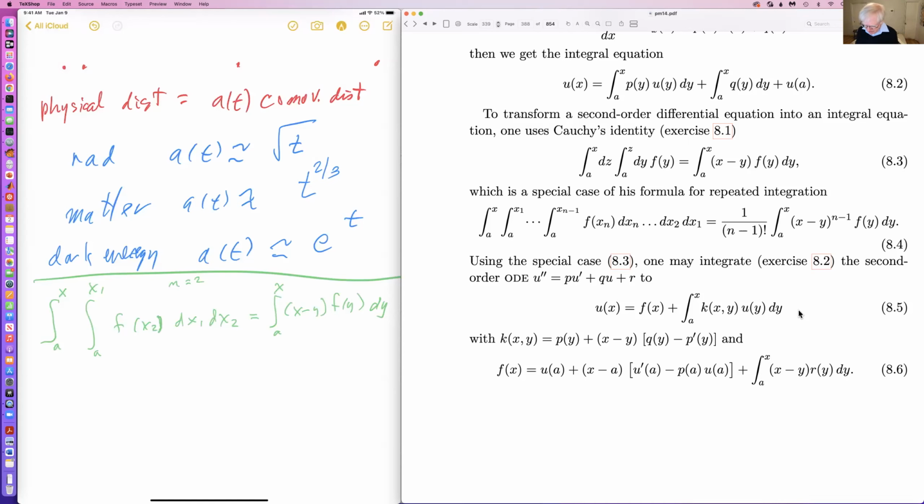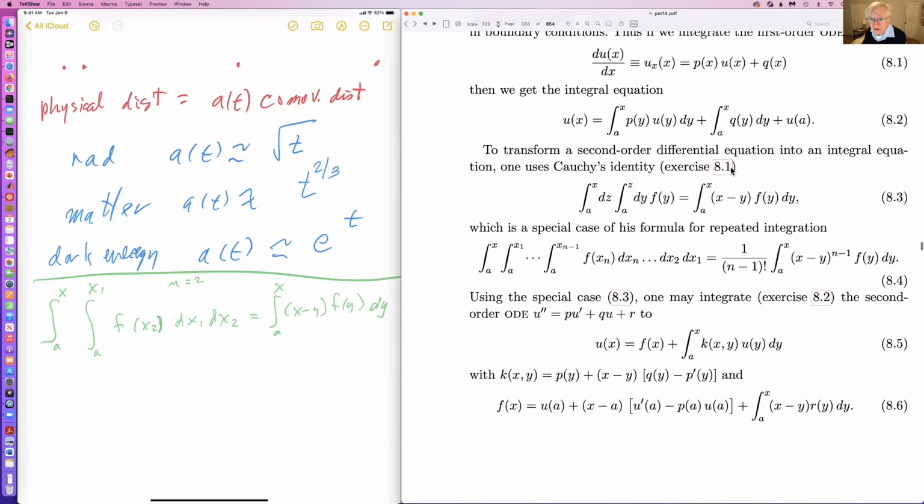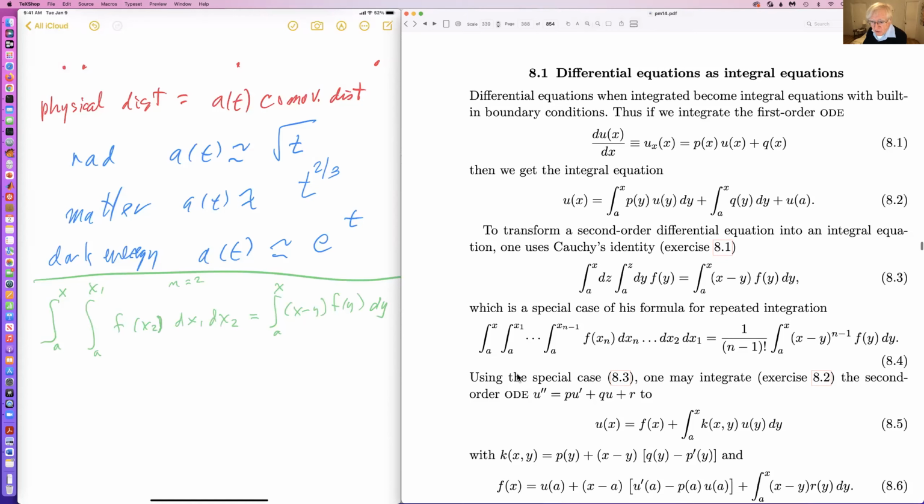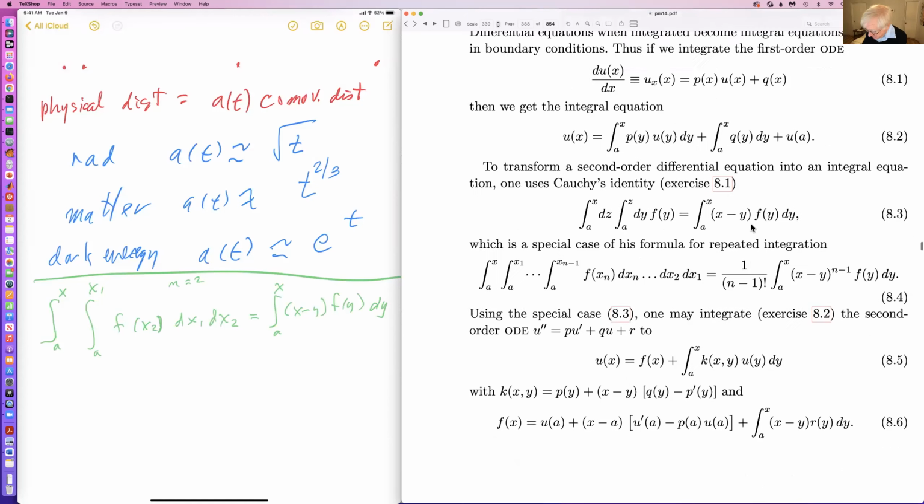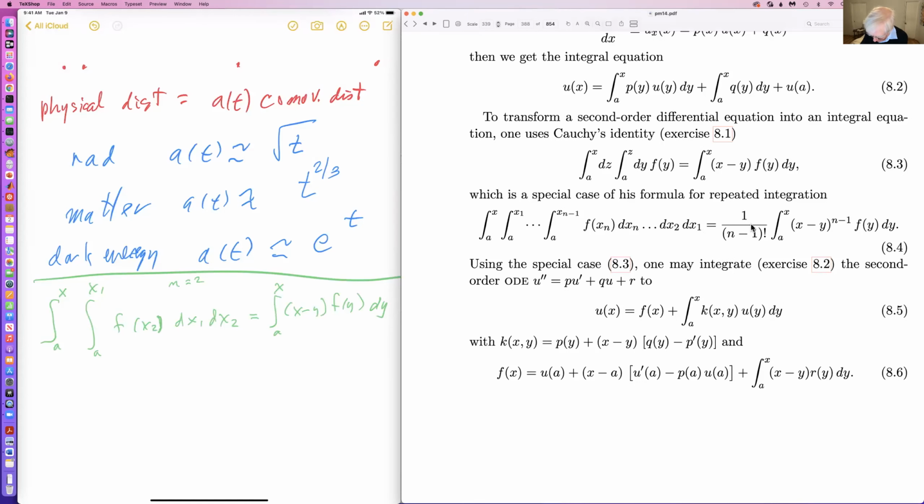Okay, so this should be a general formula. Let's see, what shall I do? As I said, one can do the exercises and derive this thing.